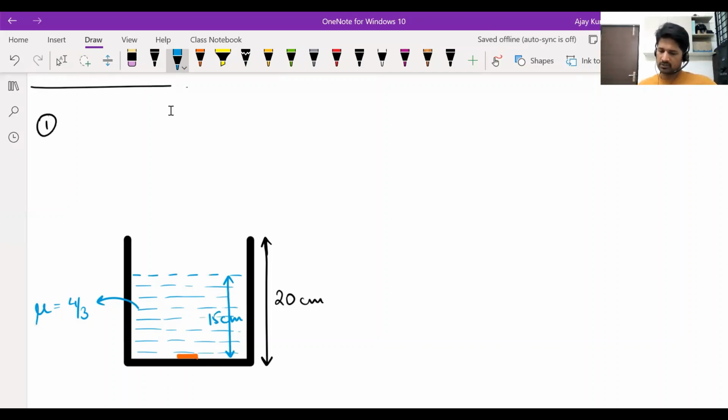There's an observer outside. Let's assume the eye of the observer. Observer is looking at that object or trying to look at that object. The eye of the observer is at a height 40 centimeters from the base of the container, base of the tumbler.